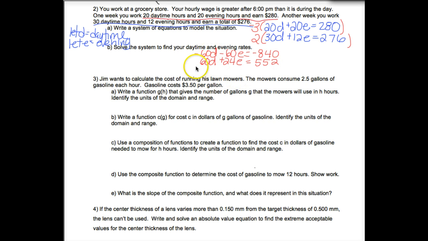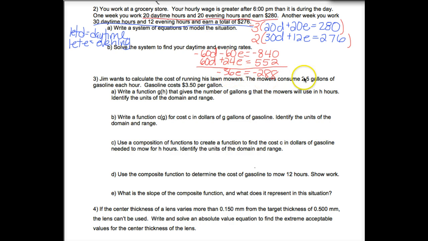So now that I've got opposites on the coefficients, I can add straight down in my columns. So -60 and +24 gives me -36E. Negative 840 and positive 552 gives me negative 288.